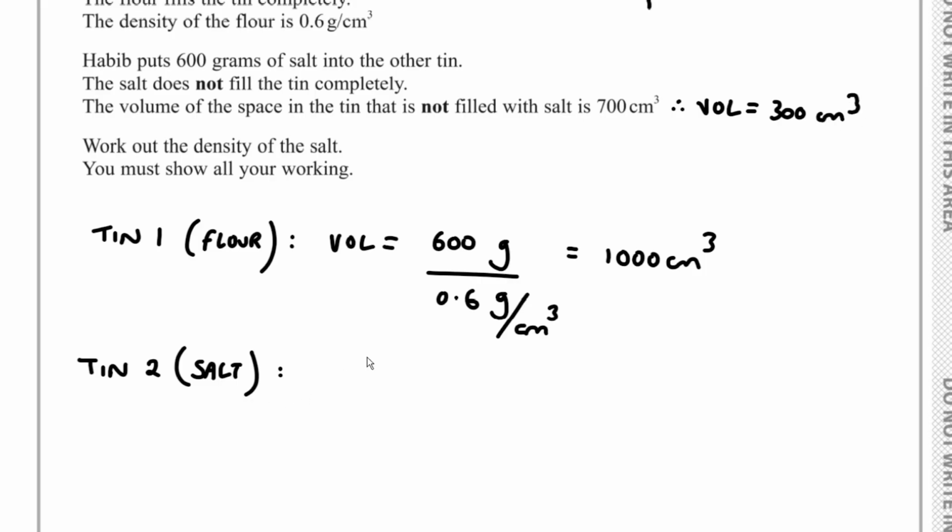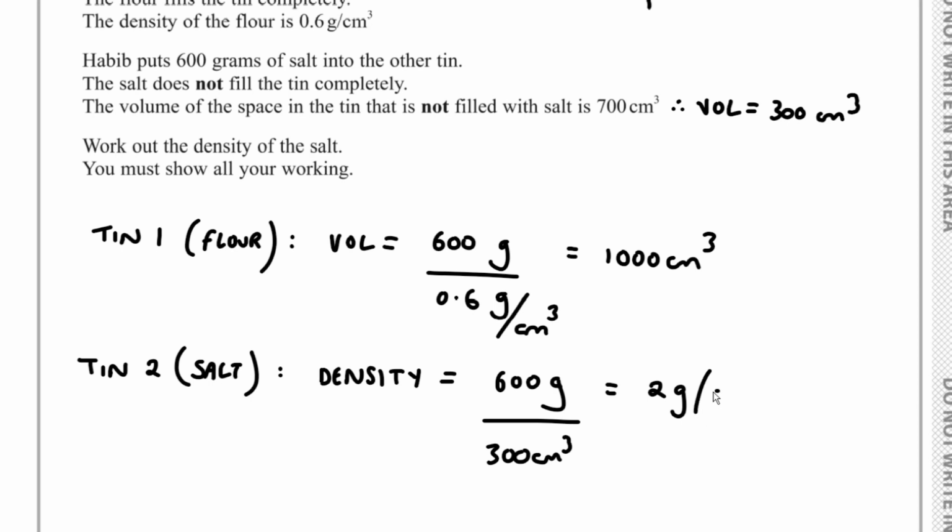We need to find the density. So the density equals the mass over the volume. So we've got the mass, which is 600, divided by the volume, which is 300 centimeters cubed. So we end up with 2 grams per centimeters cubed as the density of salt in tin 2.